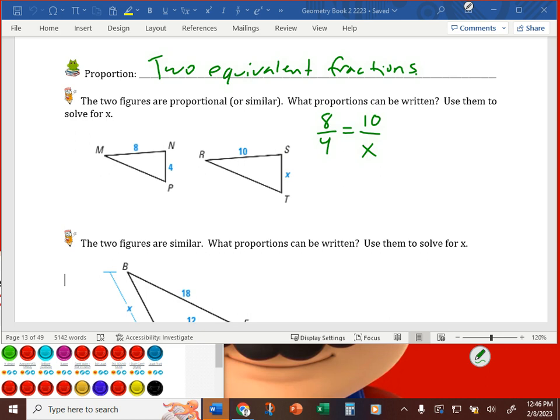The 8 and the 4 come from the same shape, which is okay, because the order that Bryn put them in, the longer side over the shorter side, she did the same thing with the second shape. She put the longer side as her numerator and her shorter side as the denominator. So that works. It's okay for a proportion to contain two sides in the same shape, as long as you use those corresponding parts in the same positions in your second fraction.